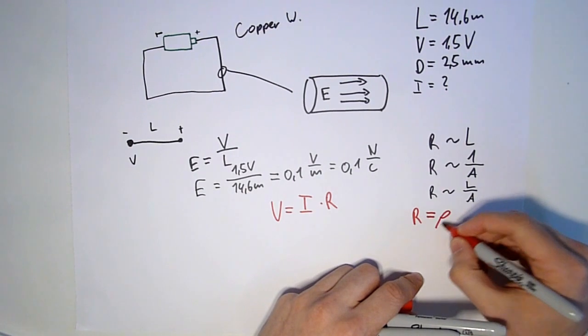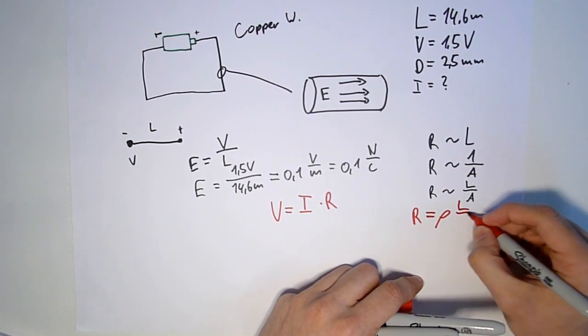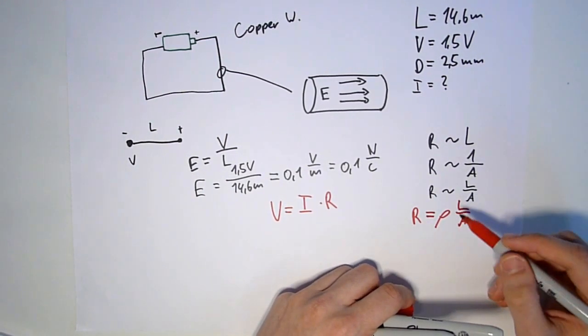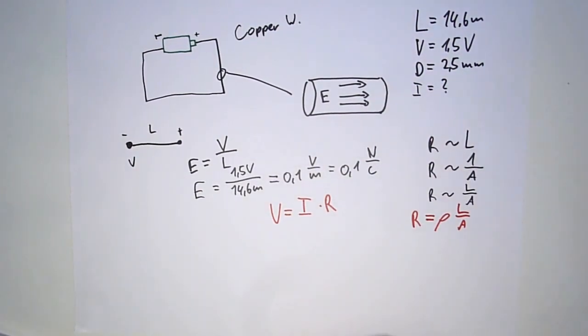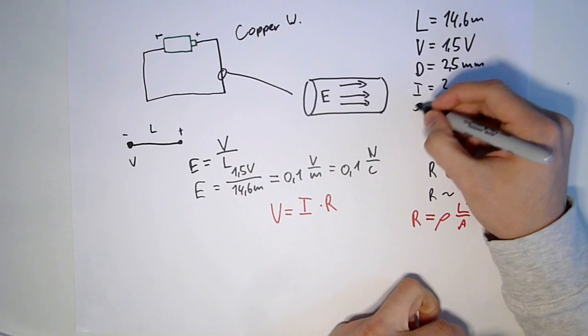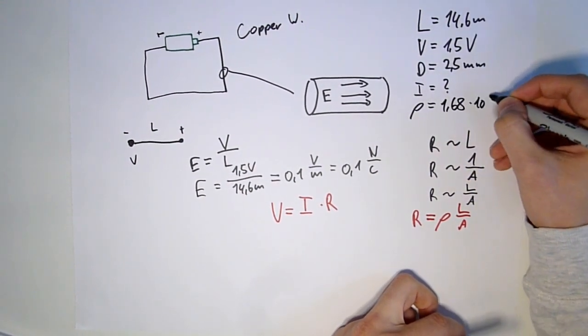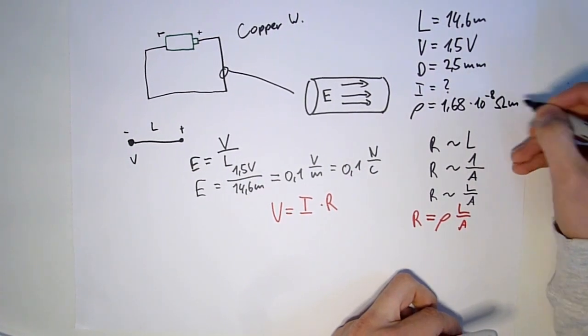It's equal to rho, the proportionality constant, times L over A, and we know rho is material dependent. For copper we have a resistivity of 1.68 times 10 to the negative 8 ohm meter.